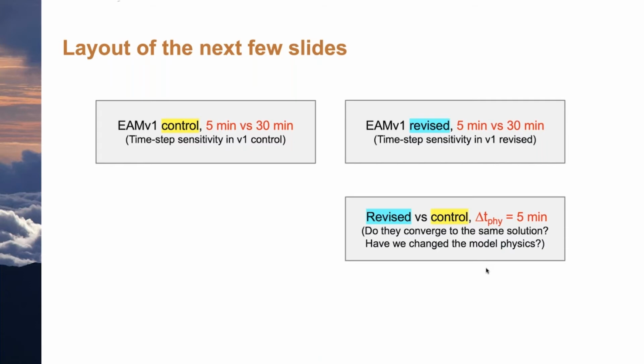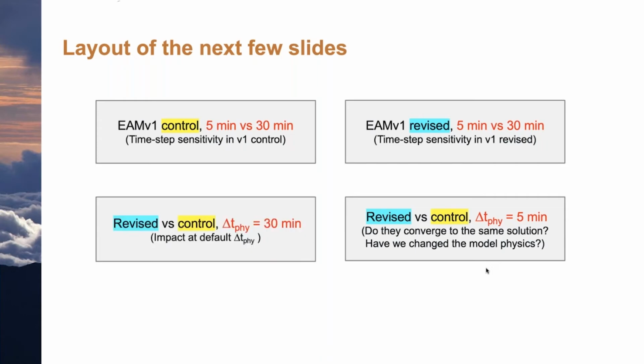For mathematicians, this panel is going to be used to answer the question whether these two configurations converge to the same solution when the step size is sufficiently refined. And for our atmospheric scientists, you can consider this panel as an answer to the question whether the revised coupling has fundamentally changed the model physics.